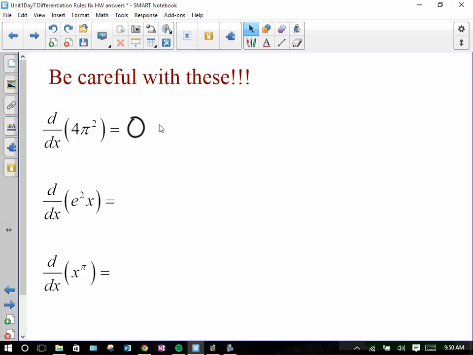Okay, so 1 times e squared would be just e squared. We're taking the derivative of e squared x. So, the e squared, we take 1 away from the exponent of x. So 1 minus 1 is 0, so x to the 0 power is what? 1. So it's e squared times 1, which is just e squared.